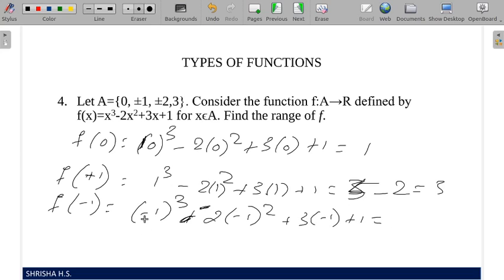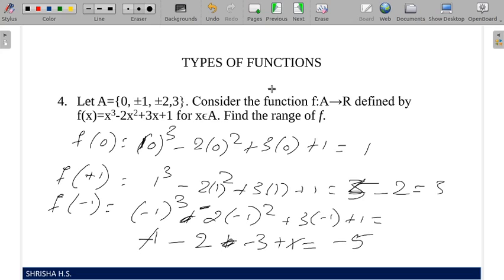So what do we get here? Minus 1 cube remains minus 1. Okay, so this minus 2x square, minus 1 square is 1, so minus 2, minus 3 plus 1. So what do we have here? Plus 1 minus 1 cancels, and minus 2 minus 3 is minus 5.